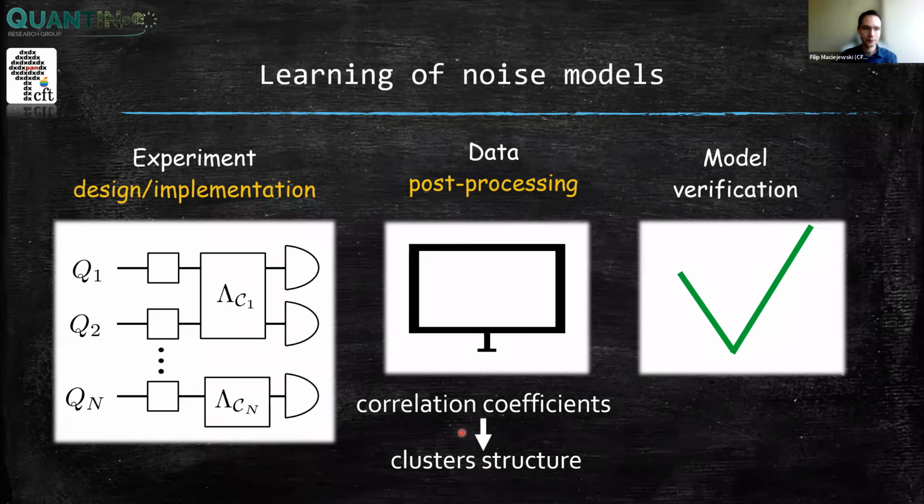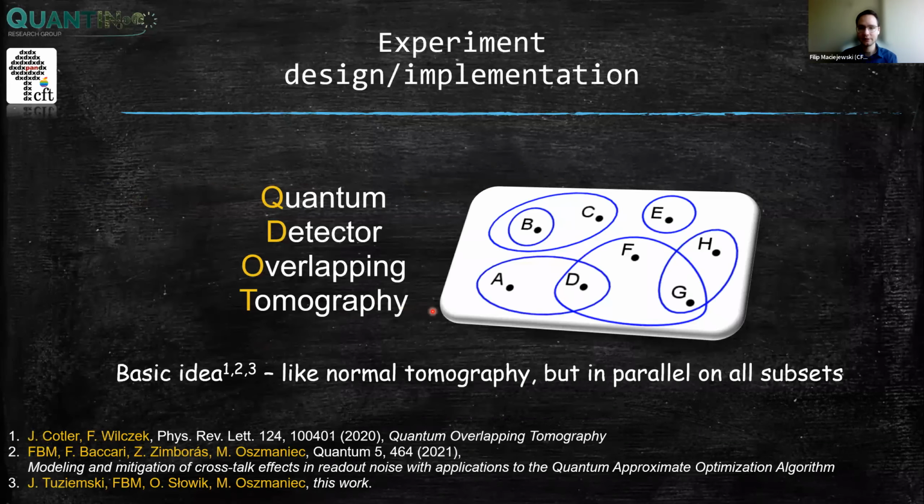And now I will answer the question of how to get that data. The type of experiments that we perform here is called quantum detector overlapping tomography. And the idea is very simple. You basically do something like a normal tomographic reconstruction, but in parallel on all subsets. I will explain what I mean by that.